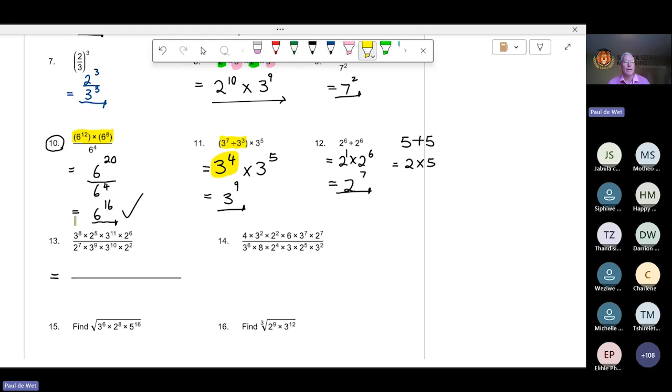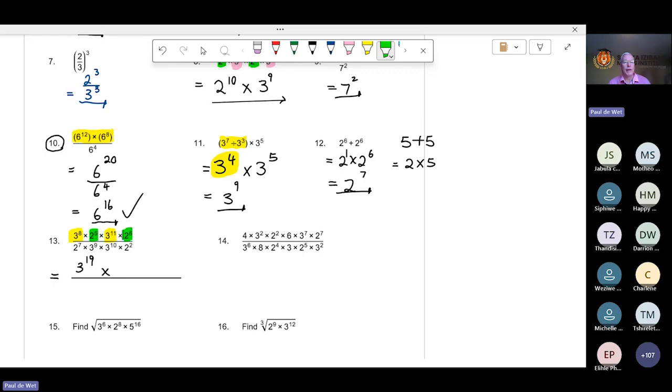This number over here and this number over here have got the same base. So what we can do is add the exponents. 3 to the 8 plus 11, 19. The 2's have also got the same base.